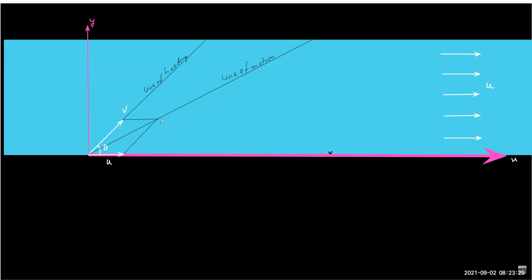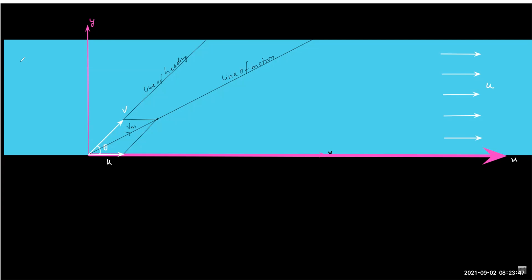So it is very easy to understand the two concepts: the line of motion, which is the resultant of u and v. This is called the velocity of the swimmer, or man, whatever.